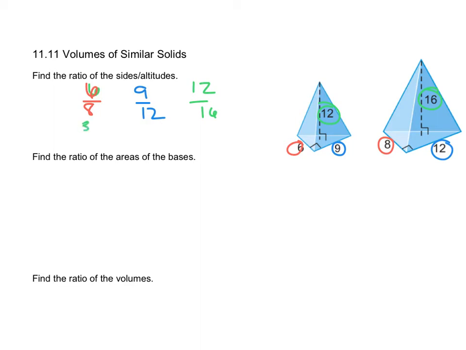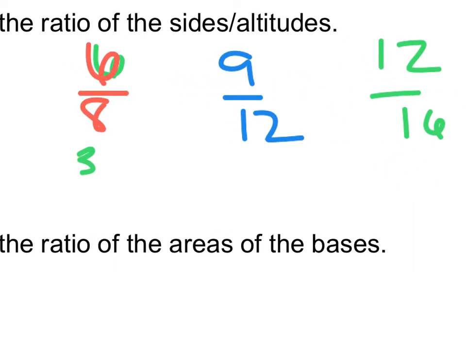So this reduces to 3/4. Nine over 12 reduces to 3/4 as well. Divide by 3, divide by 3. 9 divided by 3 is 3. 12 divided by 3 is 4. I can also reduce 12/16 by dividing my numerator and denominator by 4. 12 divided by 4 is 3. 16 divided by 4 is 4.